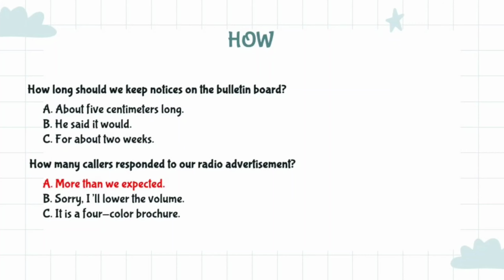The best response for this question is A. More than we expected. In general, the question how many asks about the number, but option A that says more than we expected also indicates the number that is higher than the target. So, the best response will be A.